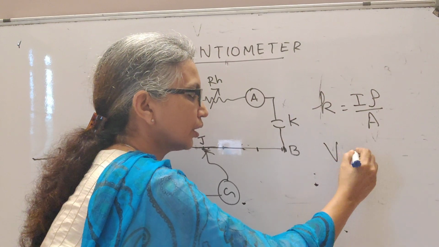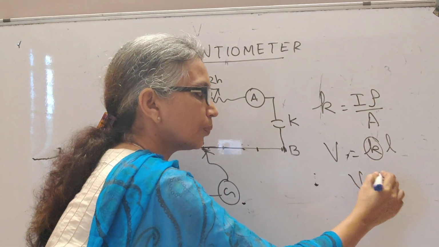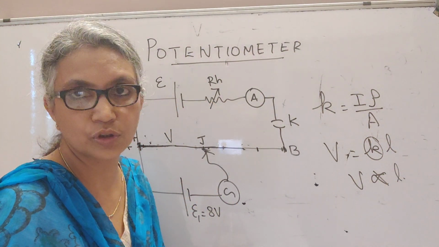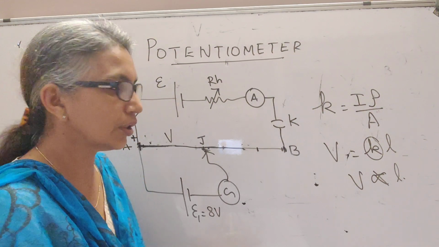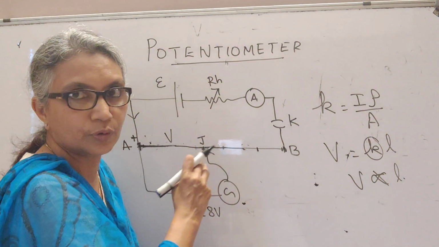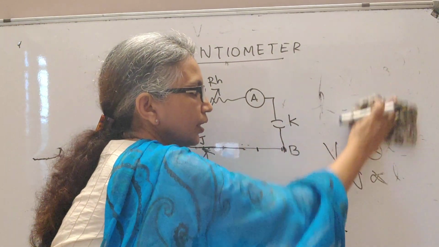And if K is not a constant, then V is no more proportional to L, and the principle of your potentiometer is not valid anymore. So it's always ideal to get your readings somewhere in the middle of the wire, not towards the end of the wire, because then you will have what is called the end error.